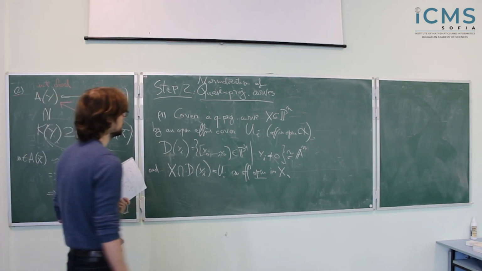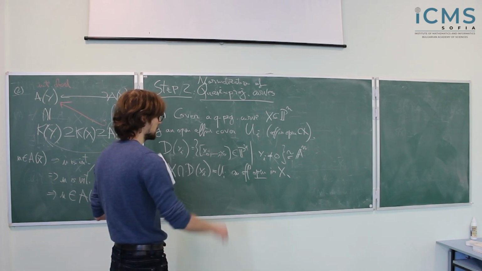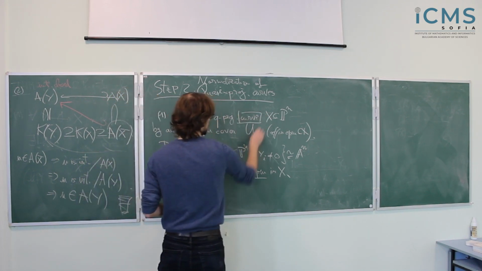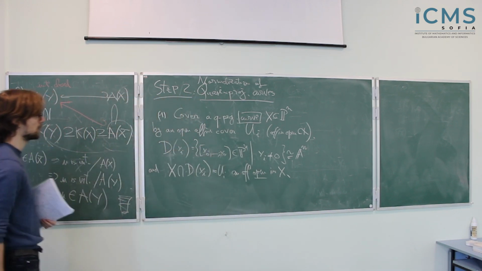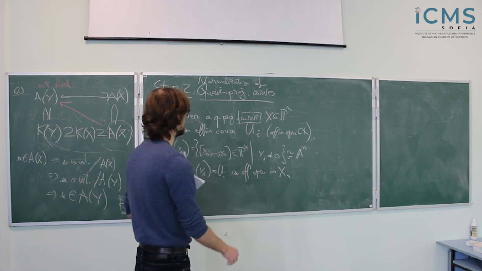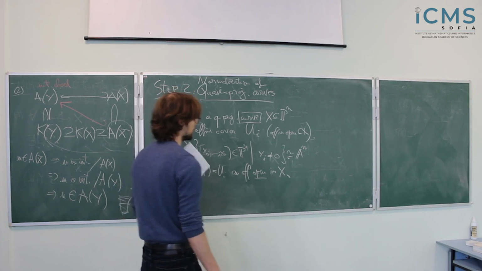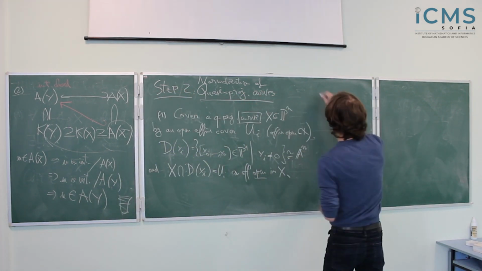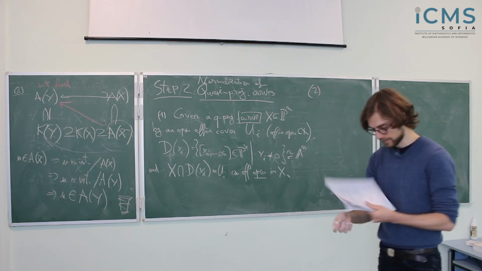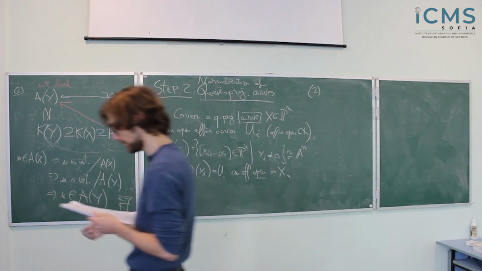We have an affine cover of our curve X inside of the projective space, and we call these open affine subsets U_i. This is step 1. What do we do with these affine opens?